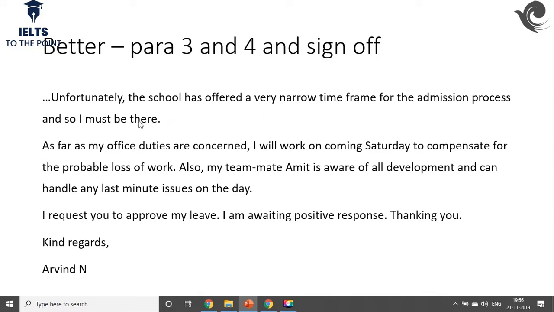As far as my office duties are concerned, so you are switching from the duty towards your daughter to the office duties. Alright. So as far as my office duties are concerned, I will work on coming Saturday to compensate for the probable loss of work. So you are clearly saying that I will be working extra to compensate for the overall thing.